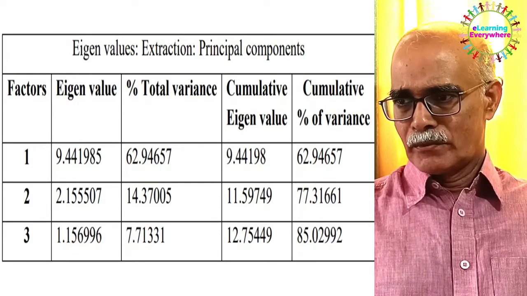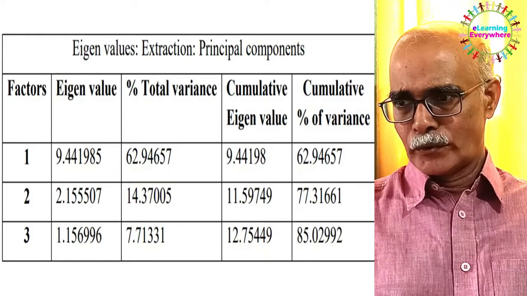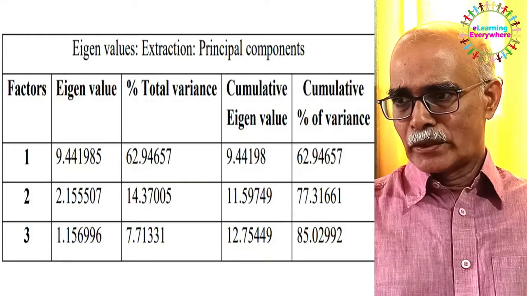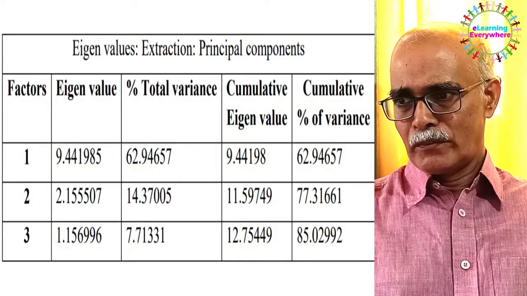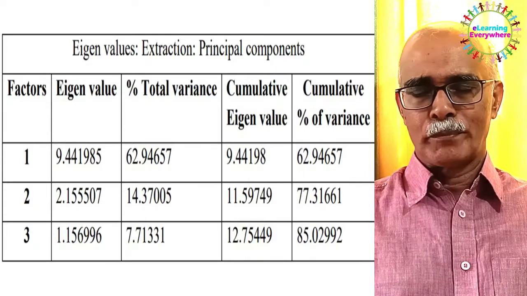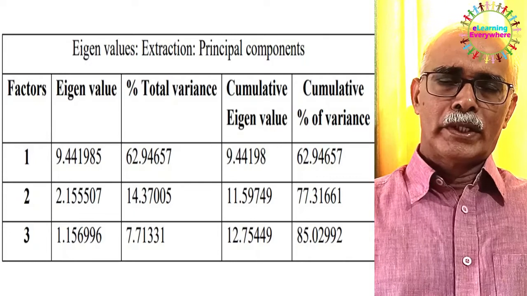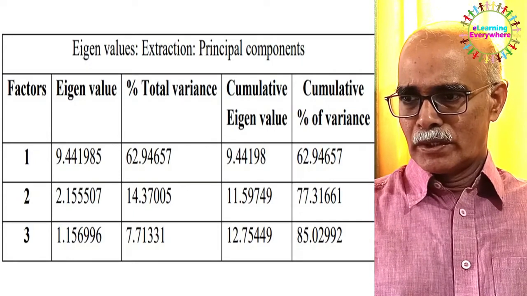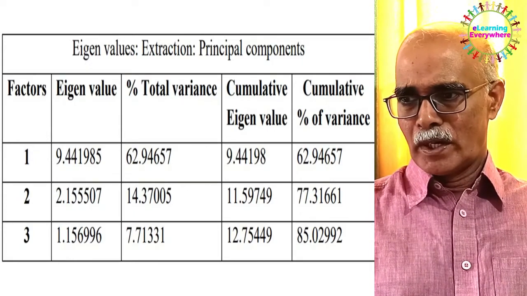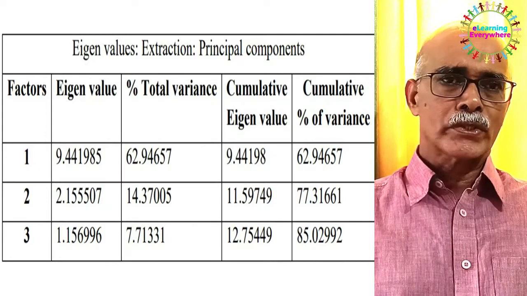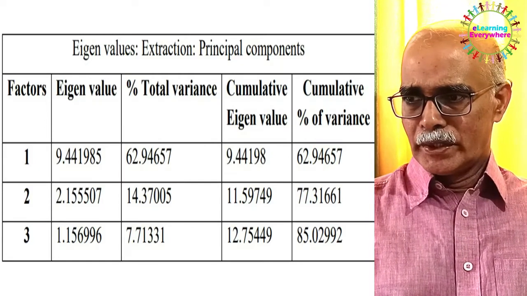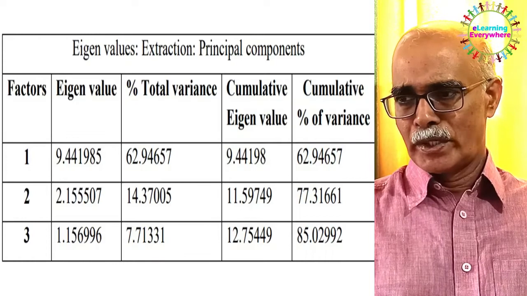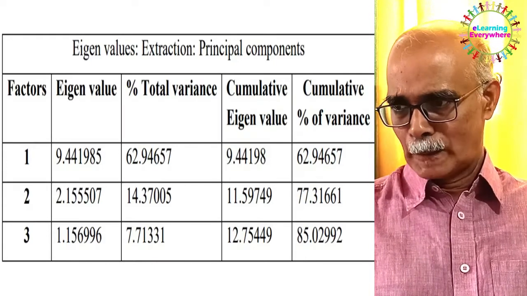And the second factor has an eigenvalue of 2.16, and it contributes a total variance of 14.37%, and the third factor has got an eigenvalue of 1.56, and the percentage of total variance contributed is 7.71.